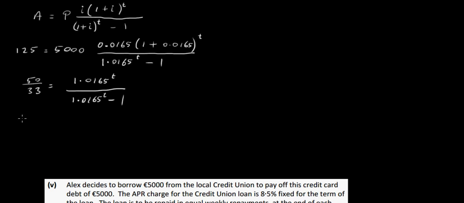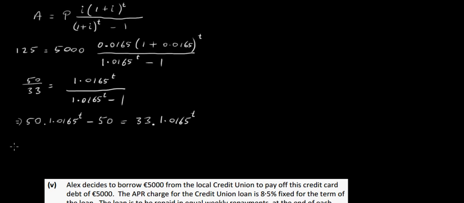So what I end up with here is 50 times 1.0165 to the power of t minus, so I've multiplied 50 by this, I'm going to multiply 50 by this minus 1, so that gives me minus 50. That's going to be equal to 33 times the top here, so it's 33 times, this is not a decimal point, this means multiply, 33 times 1.0165 to the power of t.